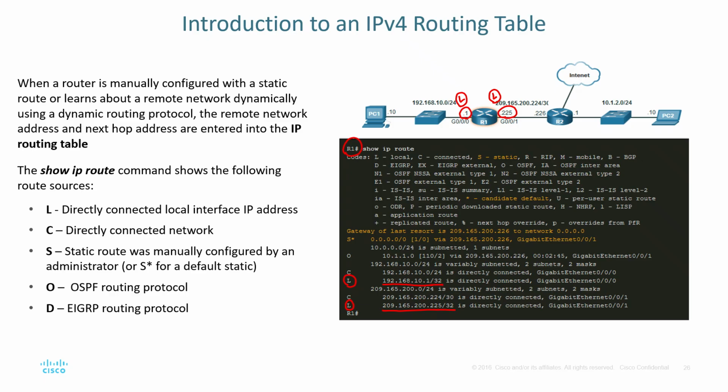Next, we have a directly connected network. So this identifies the network in totality. So here I have, again, two directly connected networks.